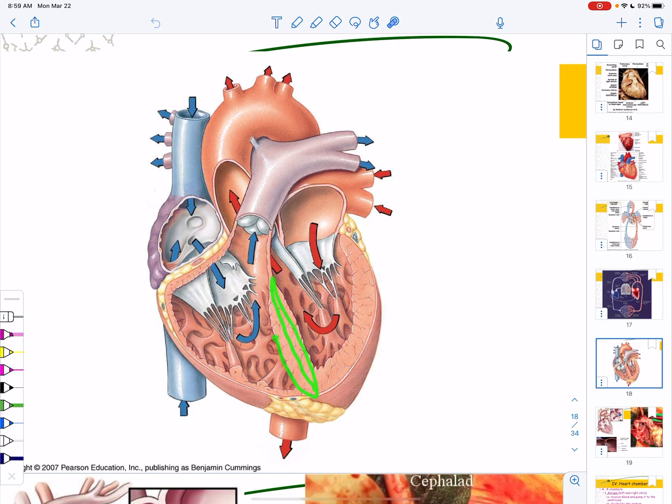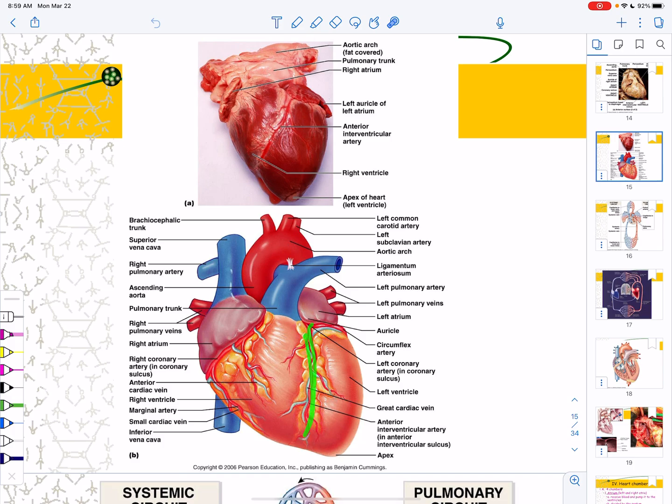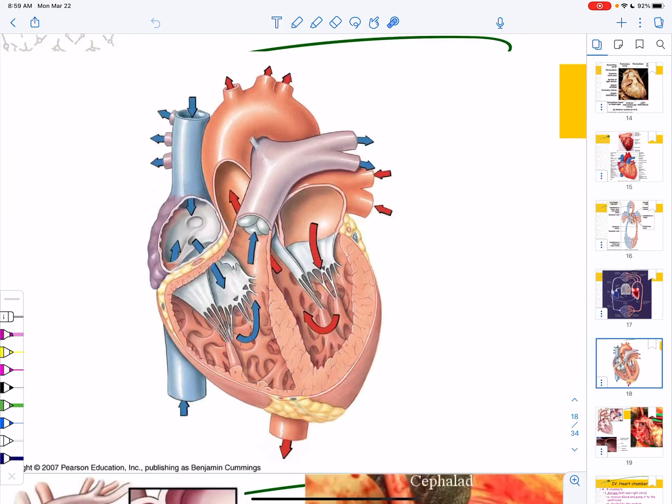Here, right here, is what's underneath that artery I was showing you. Now try not to get confused. This one right here shows it coming down pretty much right like that. This one shows it coming down pretty much right like that. Okay, so try to remember that the place where we see that coronary artery on the front of the heart is the same place we're going to find the wall of muscle inside the heart.